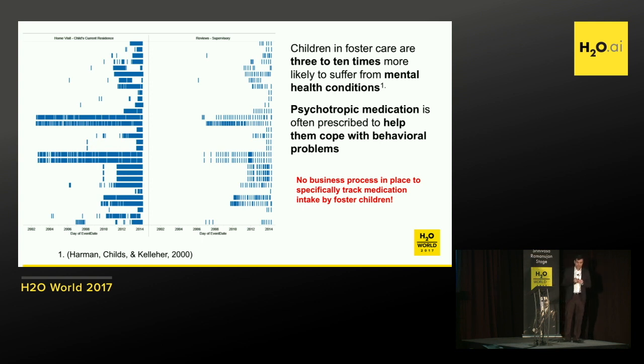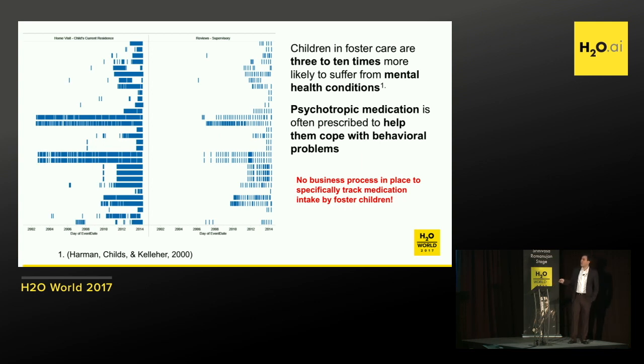But what happened was that no business process specifically tracked this problem, right? So we said, okay, what kind of data do we have on those databases, so that we can build a decision support tool that can help these caseworkers prioritize their workload.